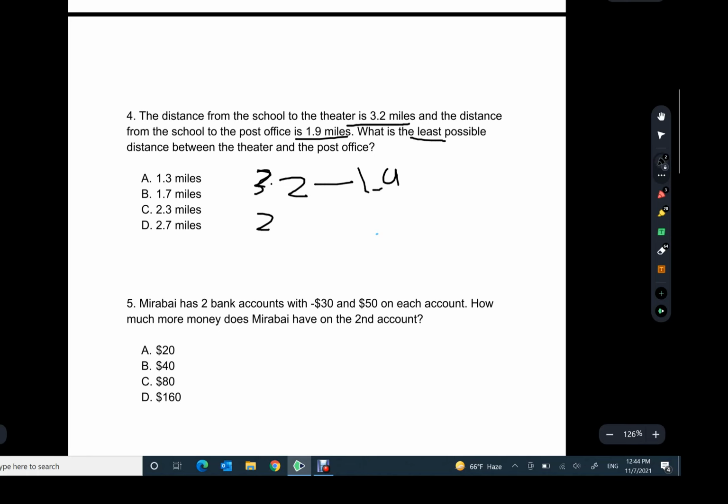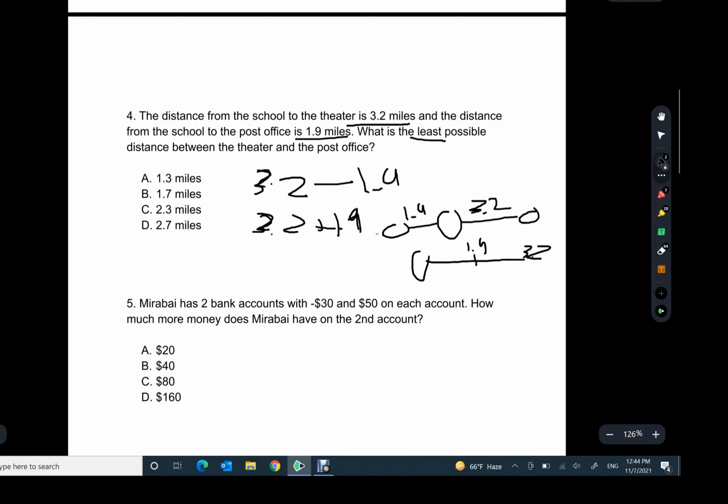because let's say you put 3.2 plus 1.9, that is not the least distance, because the distance between the two places would probably be the greatest distance, because if you think about it in a diagram, if the theater is 3.2 miles and the post office is 1.9, then the distance from here to here is clearly greater than in this picture if we do 3.2 subtracting 1.9, somewhere around here.